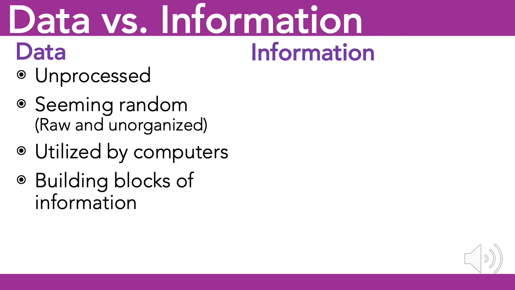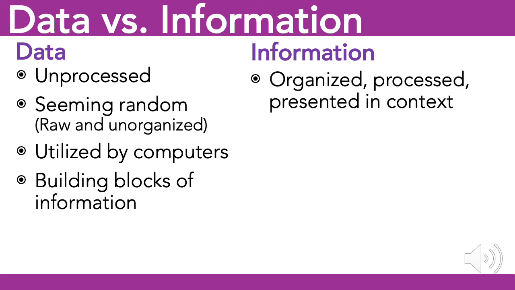And I'm adding to this a little bit here now, as this segues into our next part of the lesson. Data are used by computers. Data are utilized by computers. And data are the building blocks of information. But data in and of itself is not information.